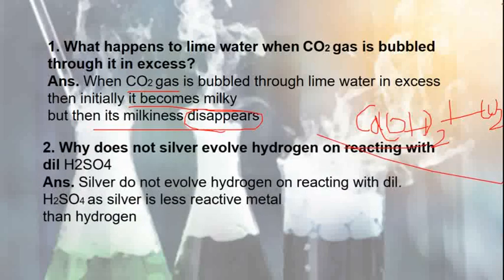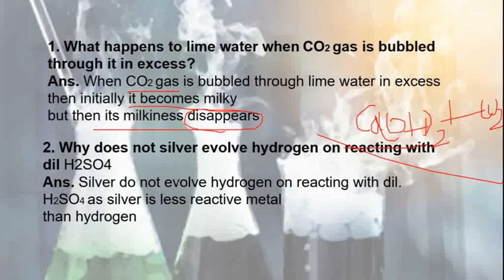Why does silver not evolve hydrogen on reacting with dilute H2SO4? As I have previously discussed, silver is very low reactive compared to other elements, that means it is also less reactive than hydrogen.